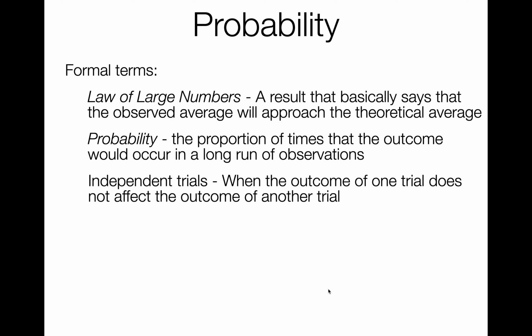Okay, so hopefully not. There's nothing that says the last flip being heads will change the behavior of the coin in the next trial. That's the idea of independent trials. Okay, and that's central to what we are doing. So we need independent trials to form probabilities.